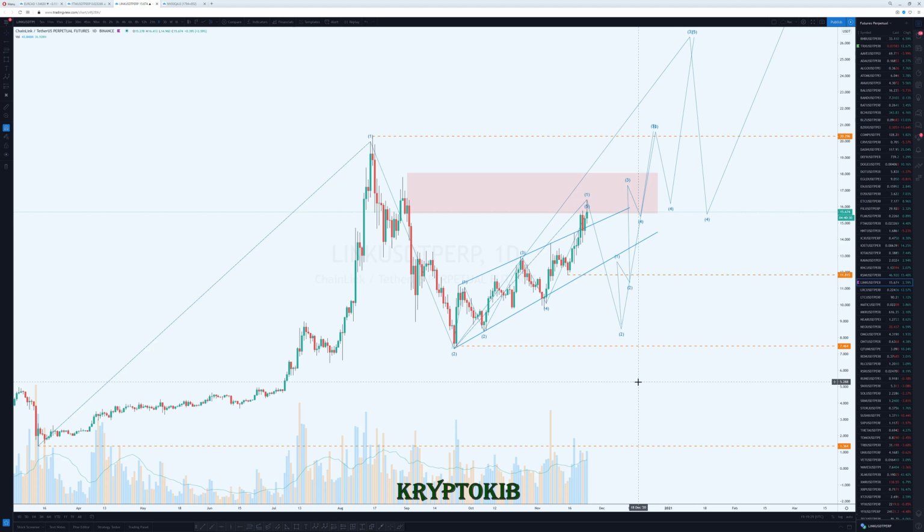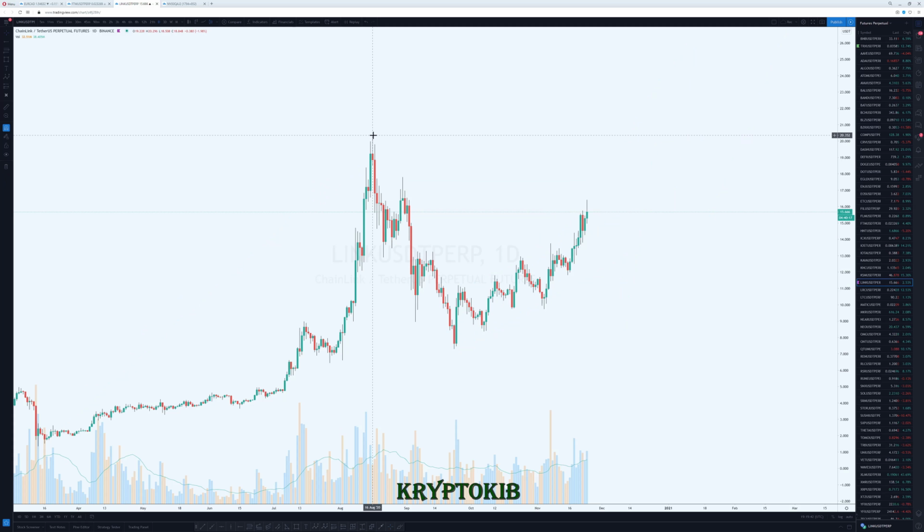So when you are looking at market structure, you want to be sure you are doing it correctly. You want to know which is a real high to break and which is a low to break. So this is a high to break, this is a low to break, and for this side to make a higher low, and now it's reversing up, we are expecting it to break this high, which means we have a 0 to 1 to 2, and we are expecting 3. 3 can come in many shapes.